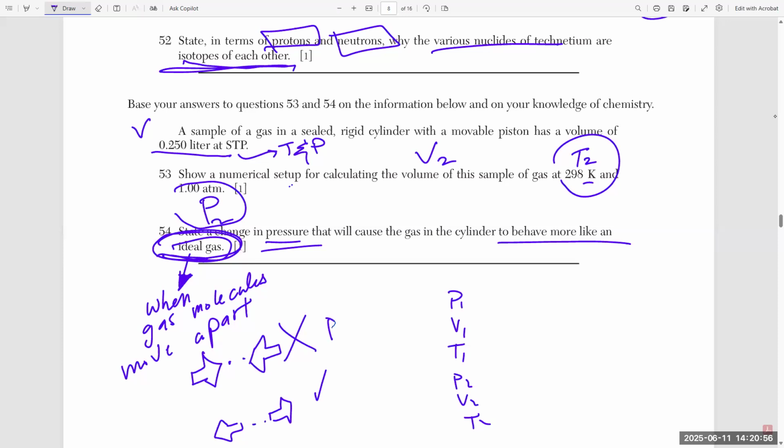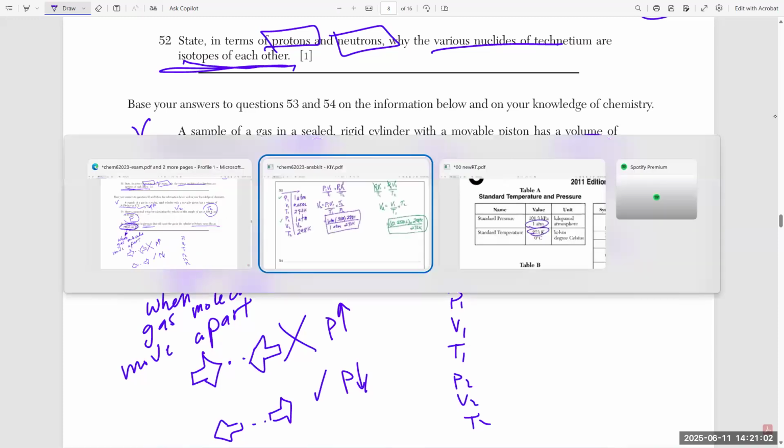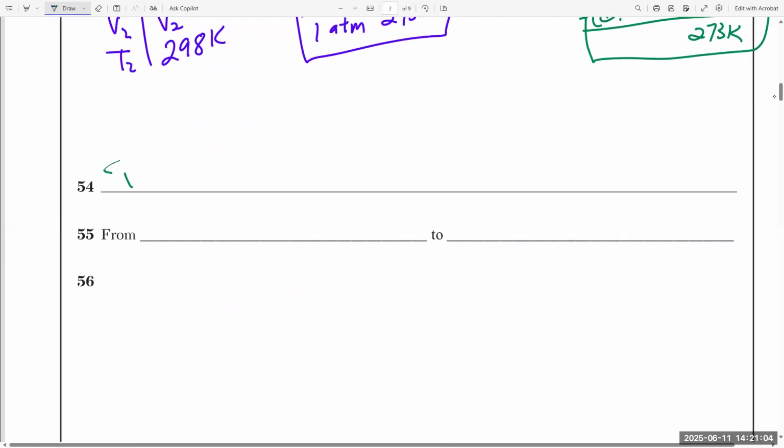This would be increasing pressure, this would be decreasing pressure, and that's the effect it's going to have. So you would say decrease the pressure.